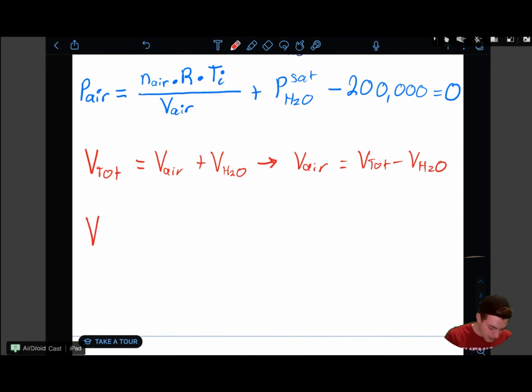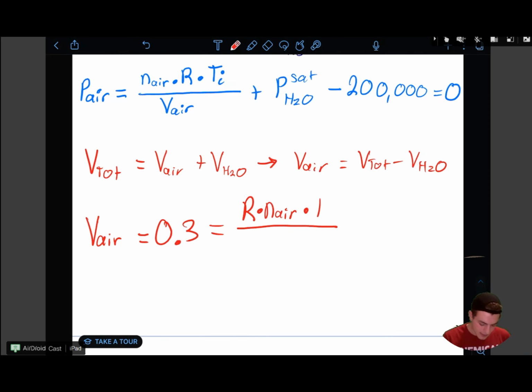So, the volume of the air is going to be equal to, well, we know that we want 0.3 moles of water in there, right? So that makes sense. And then that's going to be equal to the ideal gas constant multiplied by the moles of air multiplied by the temperature. In this case, it'll be the final temperature, because that is our second unknown, right?